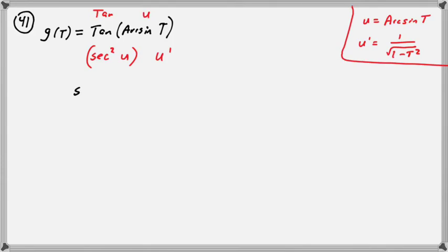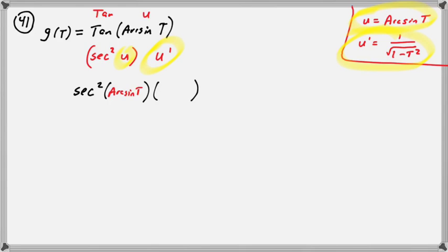So when I go to fill this in, secant squared of u, what can I replace this u with? I can replace the u with the arc sine of t. What can I replace the u prime with?